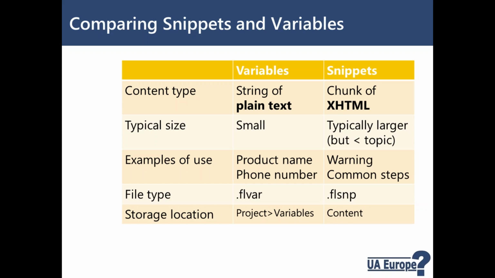Content resources snippets is normally where you would store snippets. But in fact, that's not a hard and fast rule. Flare allows you to keep snippets wherever you like, as long as it's within the content folder. So strictly, I would say the location of your snippets is somewhere within content, typically within resources snippets.